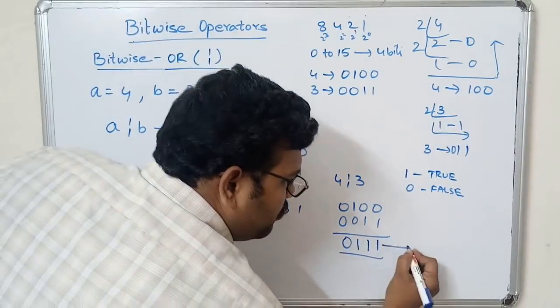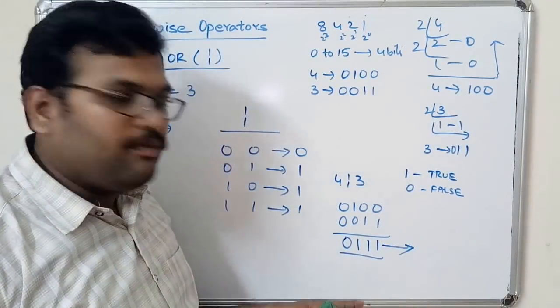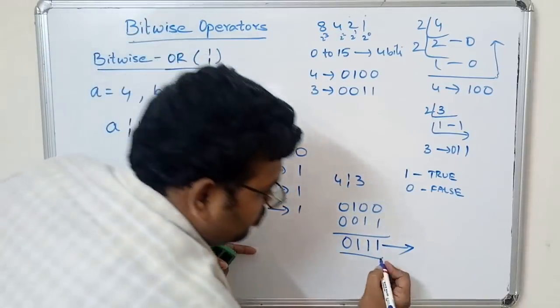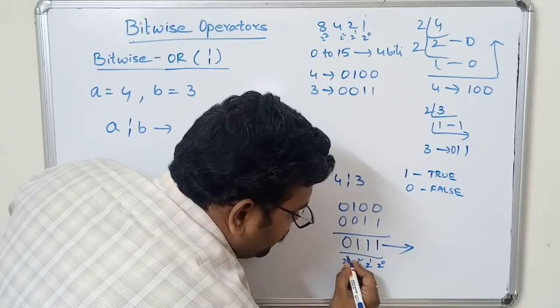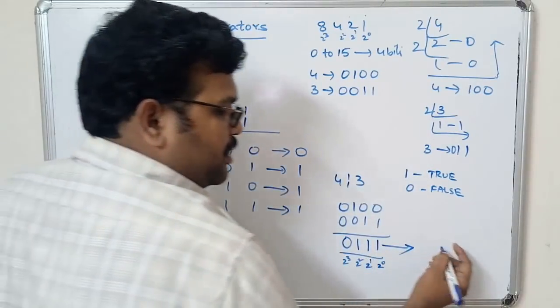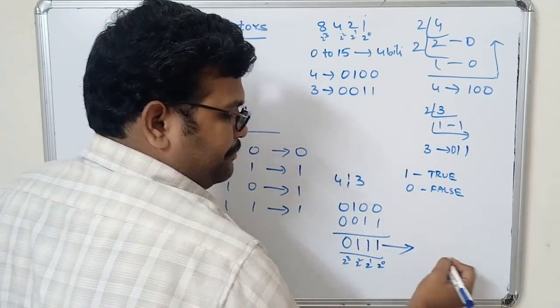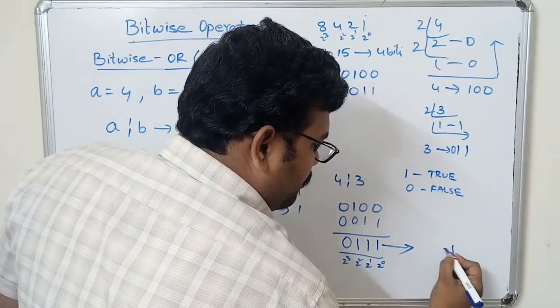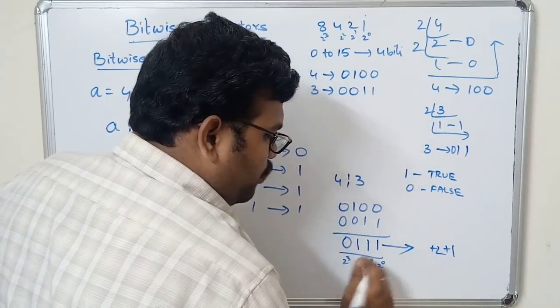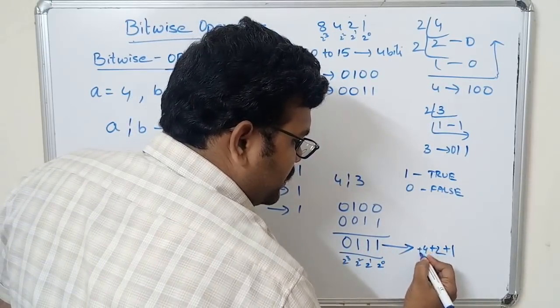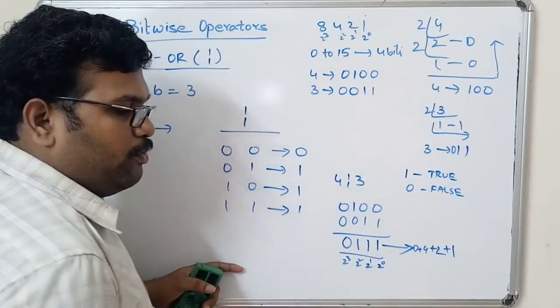Now convert this binary equivalent to decimal. So 2 power 0, 2 power 1, 2 power 2, 2 power 3. So 1 into 2 power 0 is 1, plus 1 into 2 power 1 is 2, plus 1 into 2 power 2 is 4, plus 0 into 2 power 3.